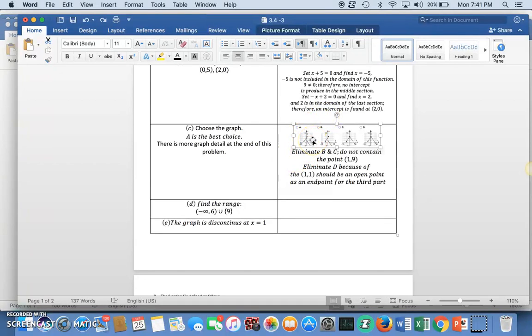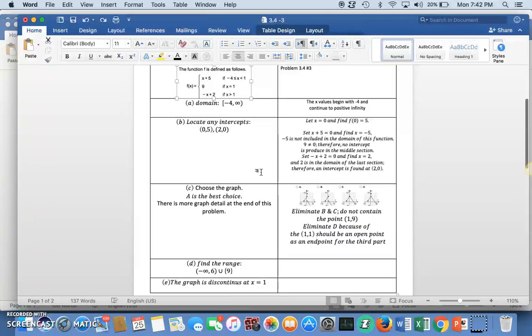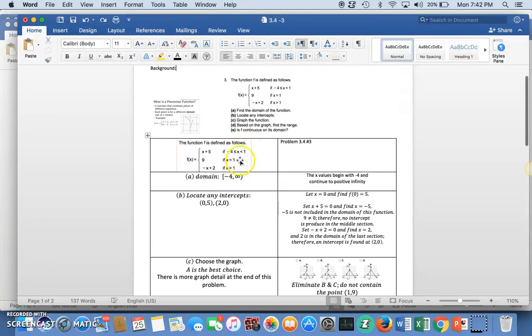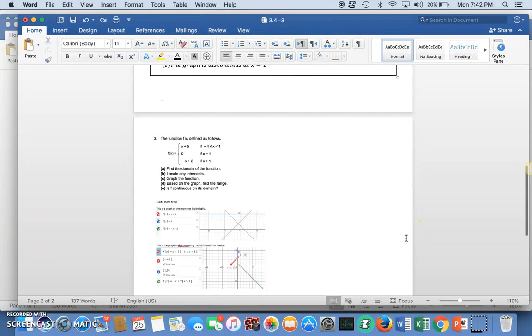It skips at 1, which is where the discontinuity is. The definition for 1 is here, and all around 1 is changing. So it lacks continuity.